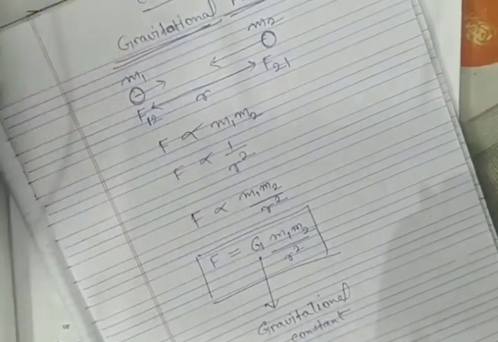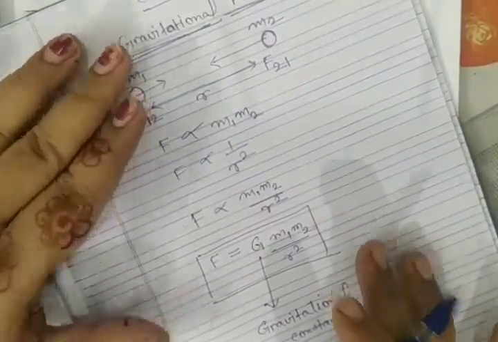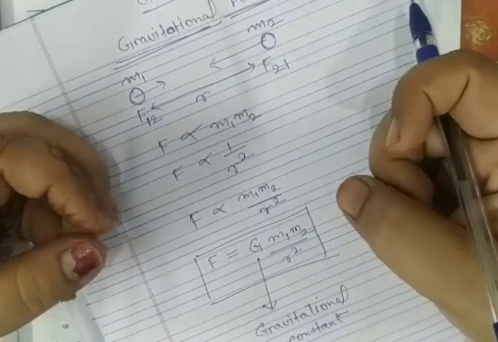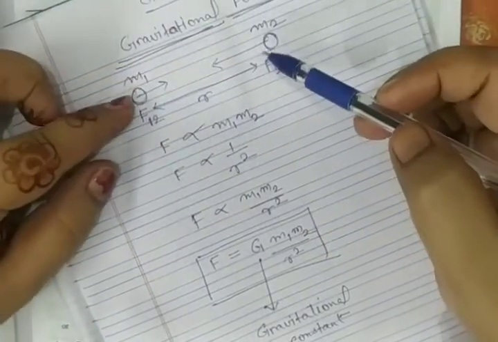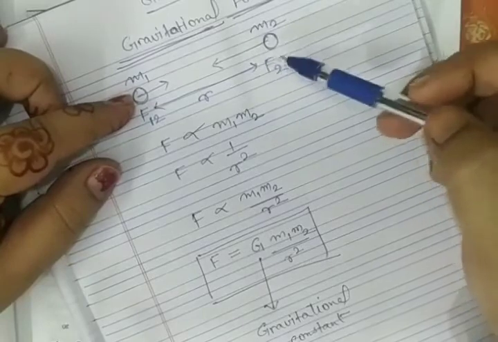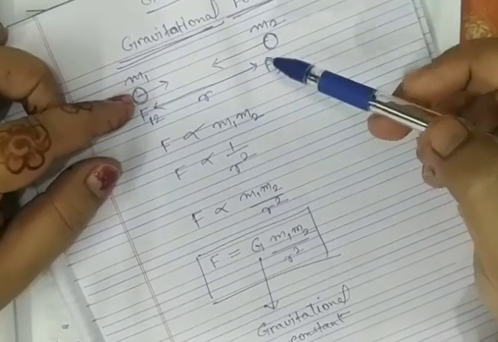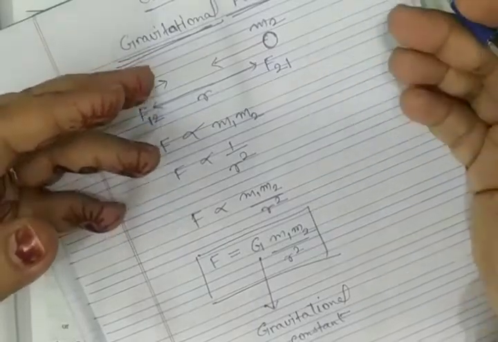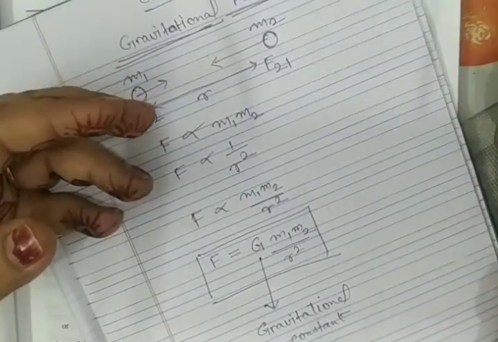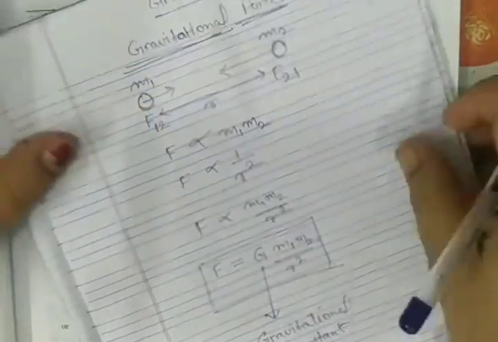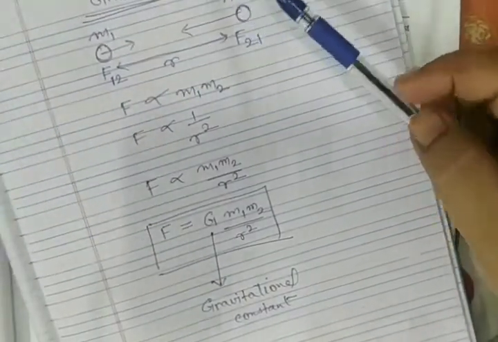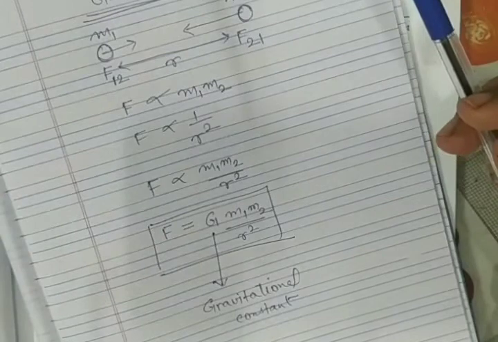Fine. So this is the law of gravitation, that any two bodies in the universe attract each other due to their masses. This force is due to the masses of the bodies. So if any body has some mass, it will be attracting the other one. Now you will say that suppose this is a copy and this is a pen, these are not attracting each other, then how are you saying this? Right.